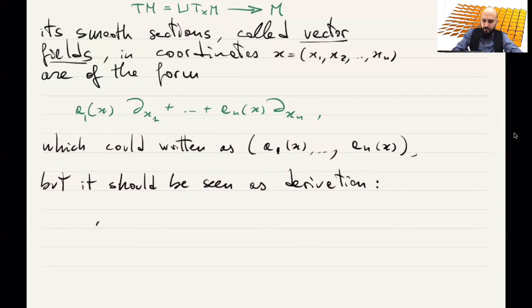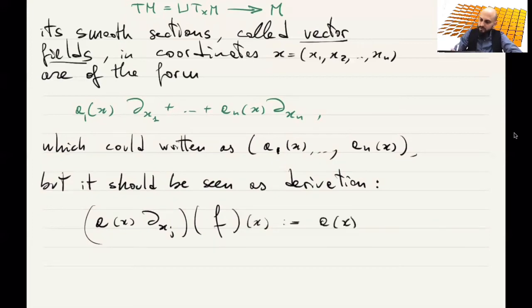If I have a function a(x) times some dxj, this is a derivation. How does this act on a function f at x? It multiplies by a(x), and considers the jth derivative in coordinates of f. Okay, so this is how we write smooth vector fields. And this gives us the tangent structure.